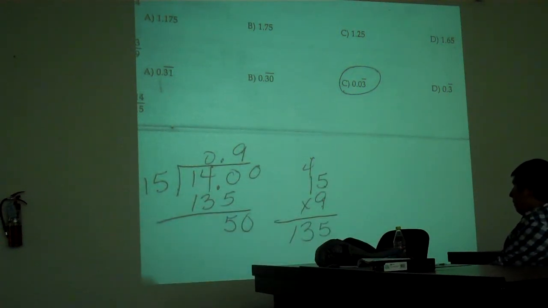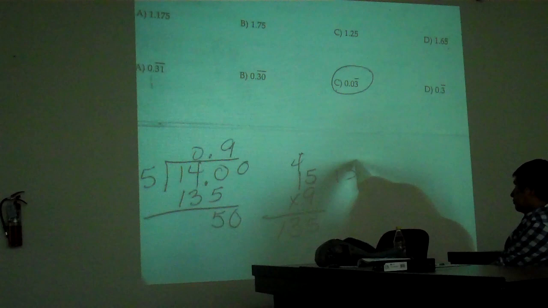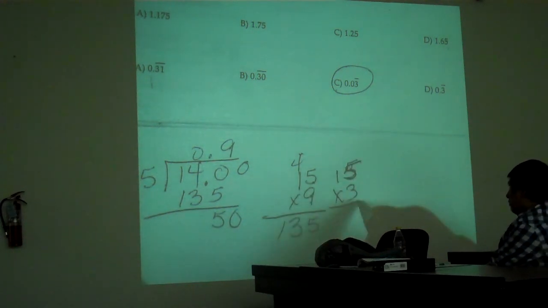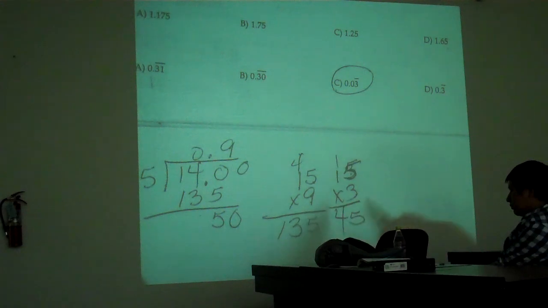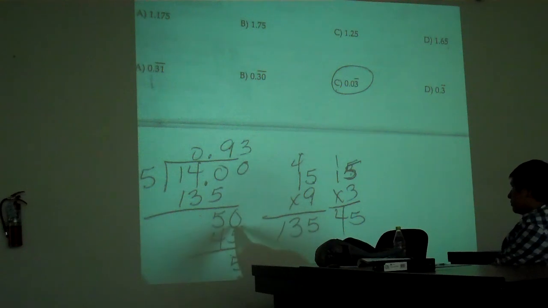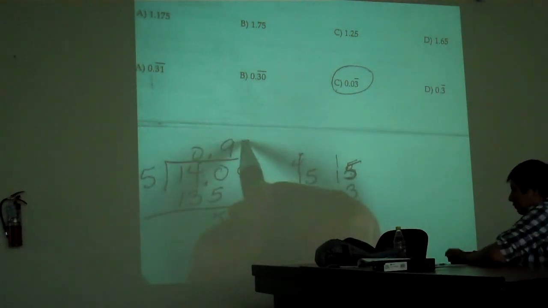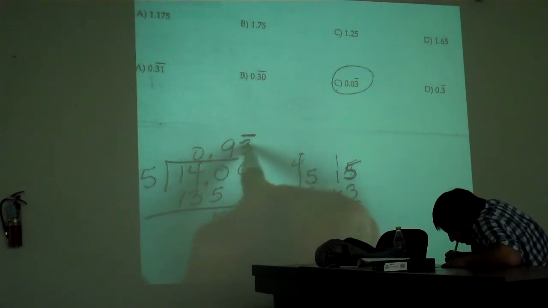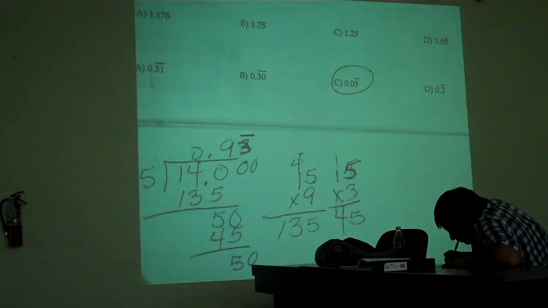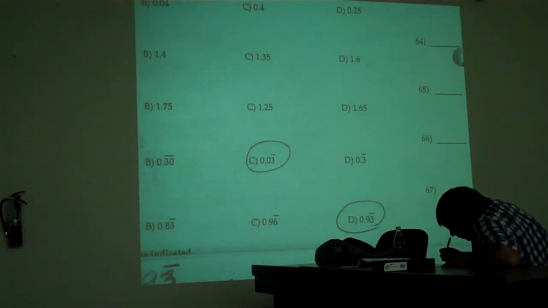Bring a 0 down. 15 into 50. 15 times 3 is 45. And then it's 5 and it's 50 again. So it's 3 again. It keeps being 3. You only put the line over the part that repeats. Only over the 3, not the 9 also. Okay? So it's only over the 3 part.